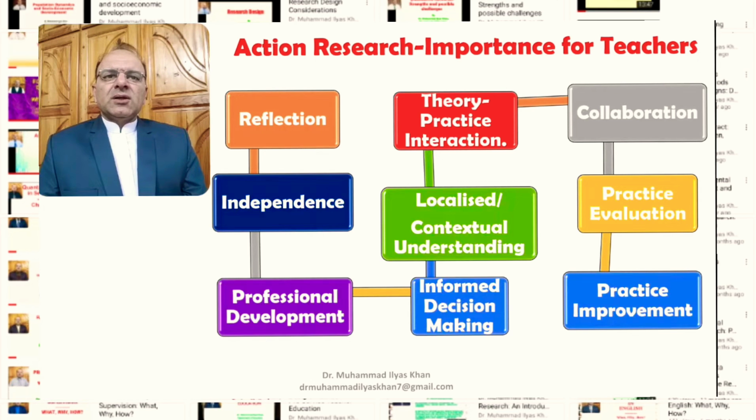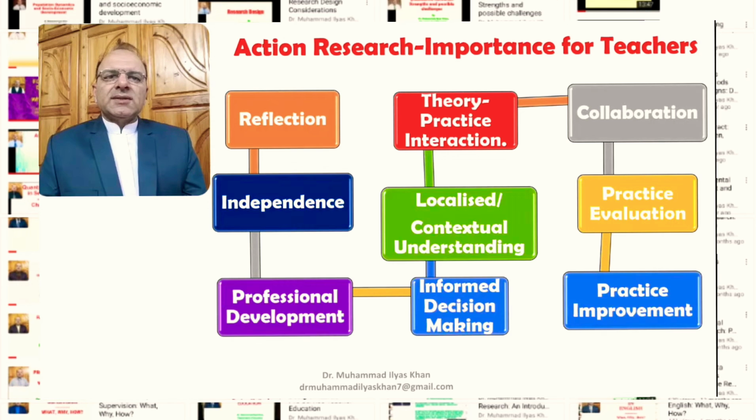The next thing in which action research is useful for teachers is the theory-practice interaction. So the teachers who are involved in the process of action research become better at the use of theory in practical sense, or in terms of developing theories through their action researches that they then implement in their practices.